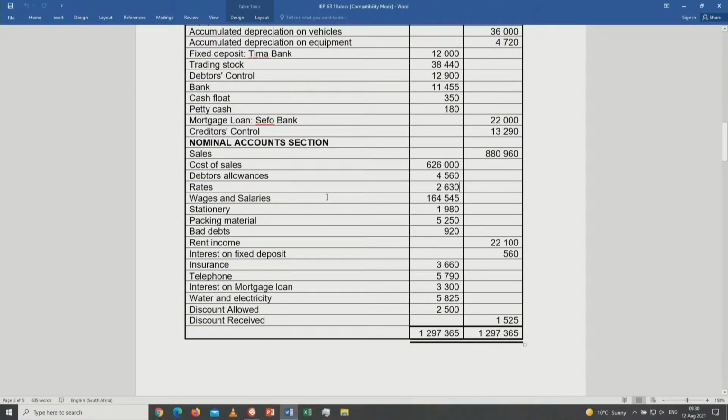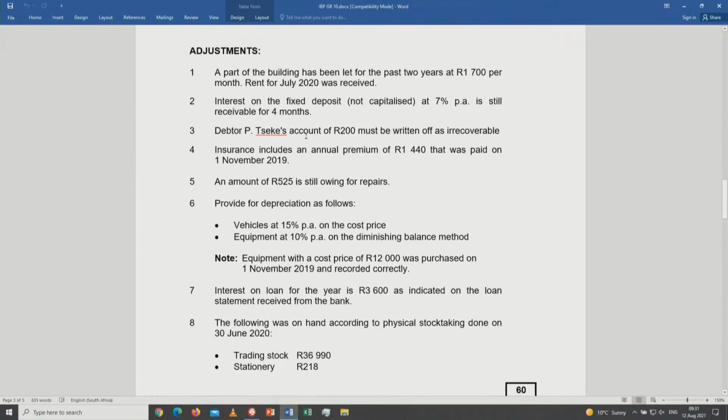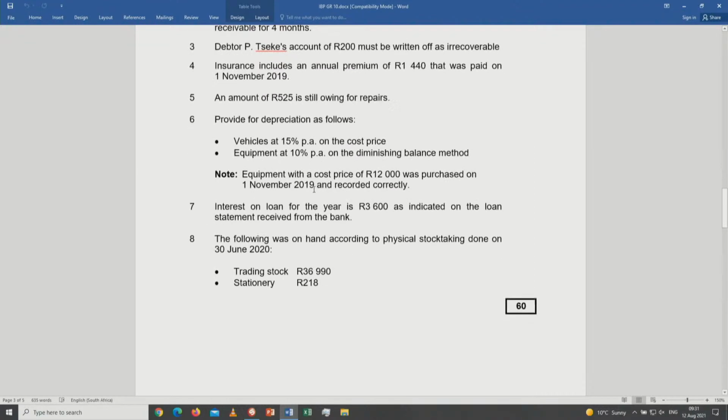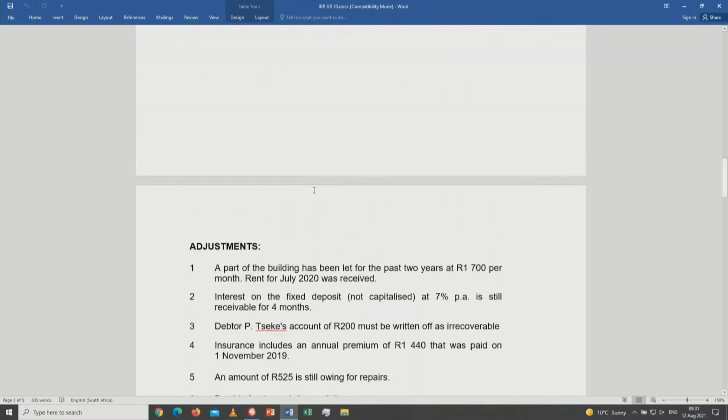Then we go back to our nominal section accounts, wages and salaries. You go check on your adjustment if we have any adjustment regarding wages and salaries. We don't have. So we take it as it is.